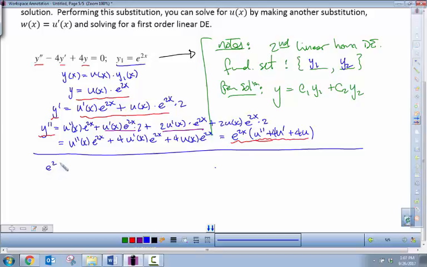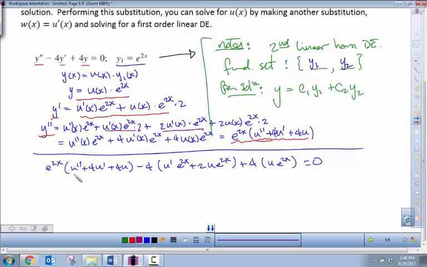Let's have e to the 2x, u double prime plus 4u prime plus 4u, minus 4 times y prime, which will just be 2u times e to the 2x, and then my original y was u times e to the 2x. That's it, equals 0.